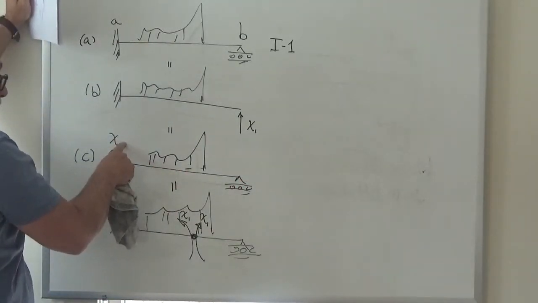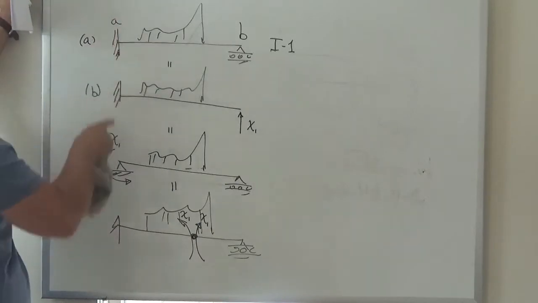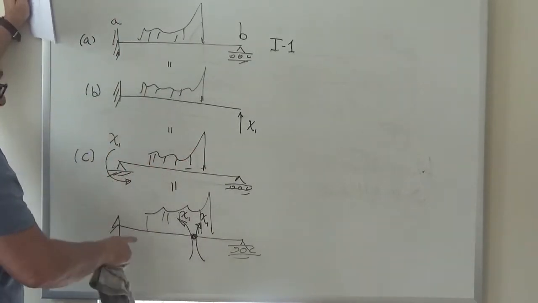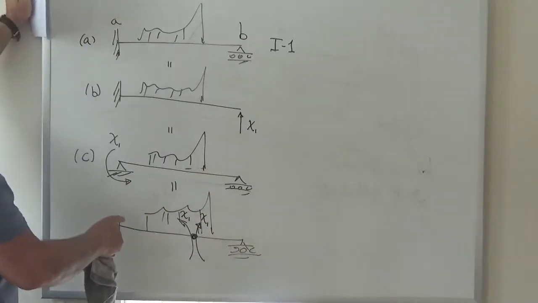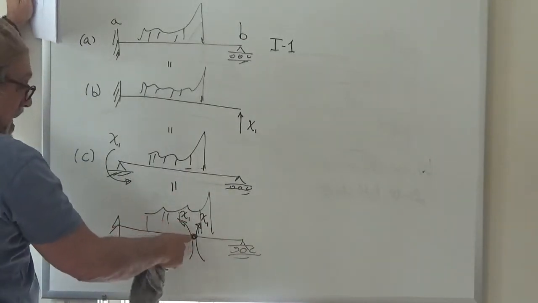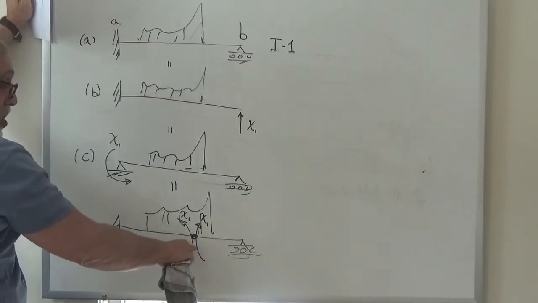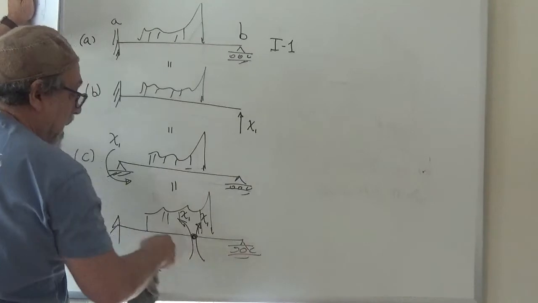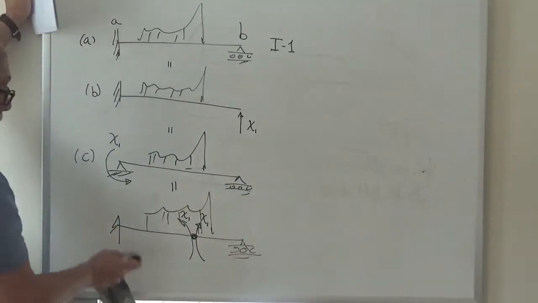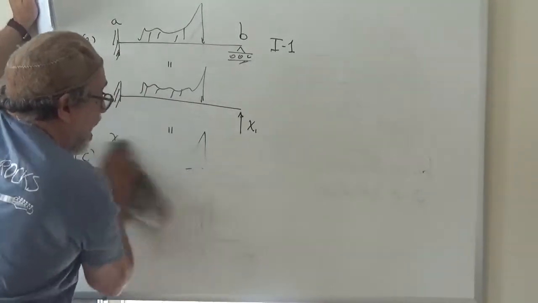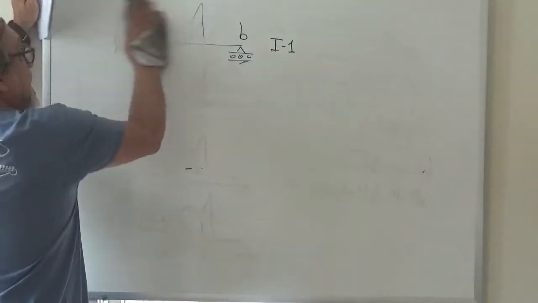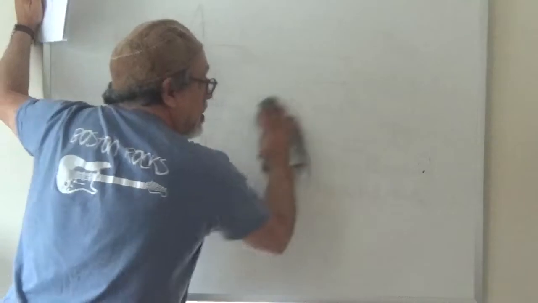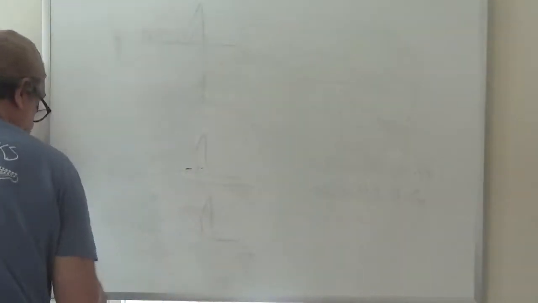Whatever x1 has to be so that at point A there is no rotation due to the load and due to x1 added together. What is it here? Well, the value of x1 is such that the slope on the left and the slope on the right of that hinge are the same, so that continuity has been preserved, right? So we are using compatibility to find the values. Geometrical constraints to find the values.